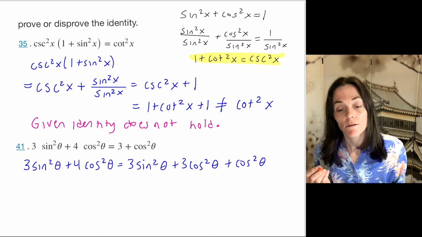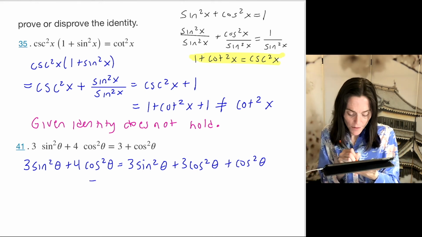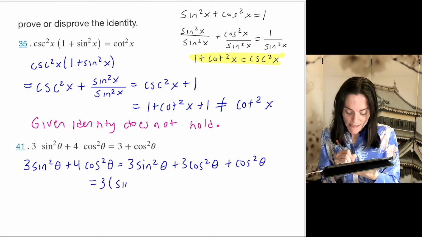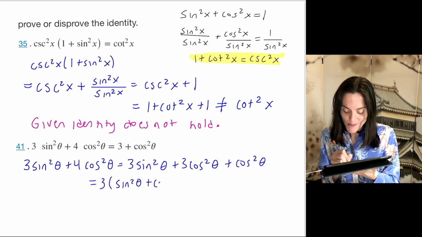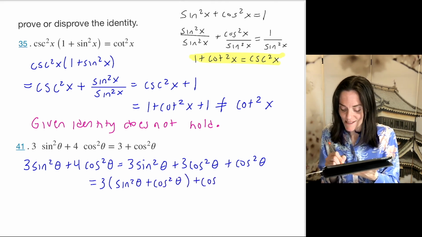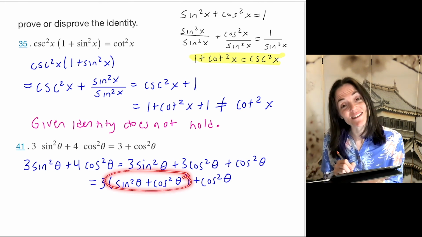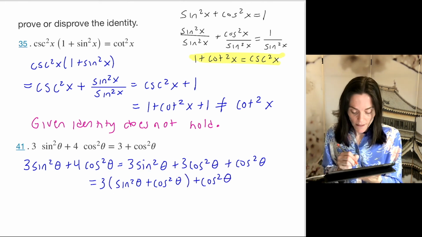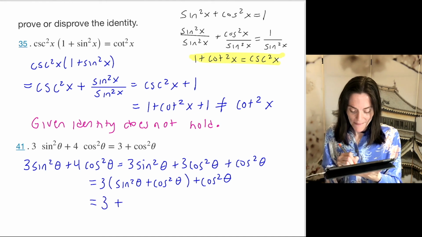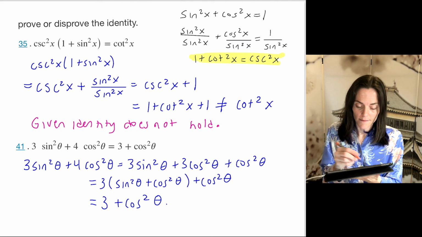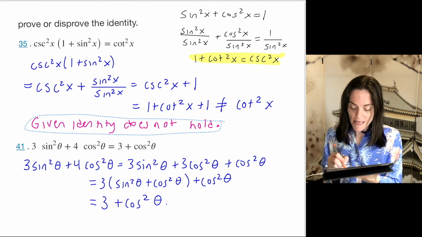Now this looks really nice. So let's factor out a 3. We have sine squared theta plus cosine squared theta. And I still have this cosine squared theta. But now you see sine squared plus cosine squared is 1. So we're left with 3 plus cosine squared theta.